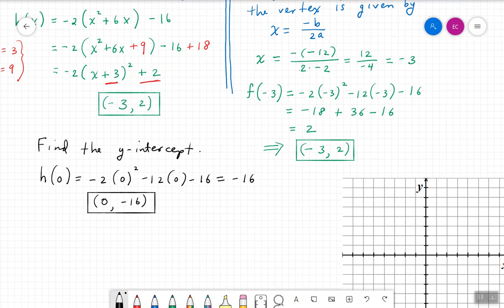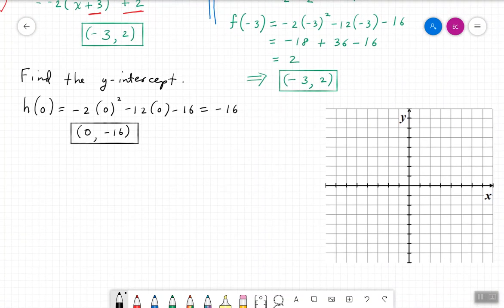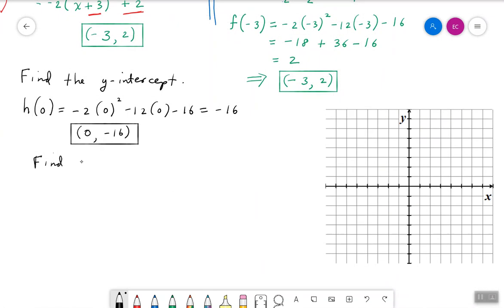And then if we want the x-intercept, we'll take the function and set it equal to 0. So we have negative 2x squared minus 12x minus 16 equals 0.